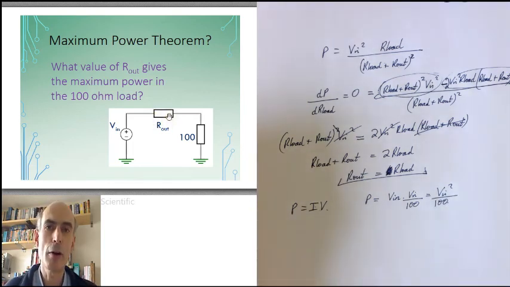Any value of R out that you picked that wasn't 0 would reduce the voltage across this resistor and reduce the current flowing through the resistor. So on 2 counts, it would reduce the power being dissipated by the resistor. If you know the output load and you can choose R out, always choose 0. It's a trick question that sometimes people ask.